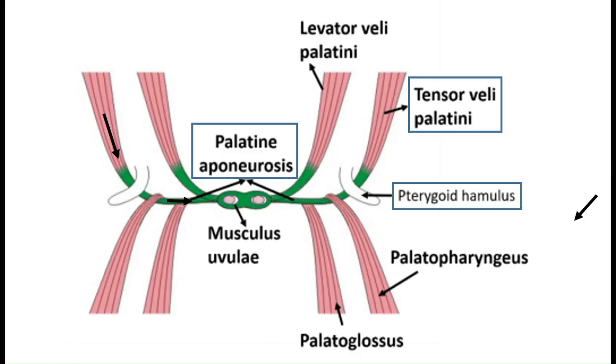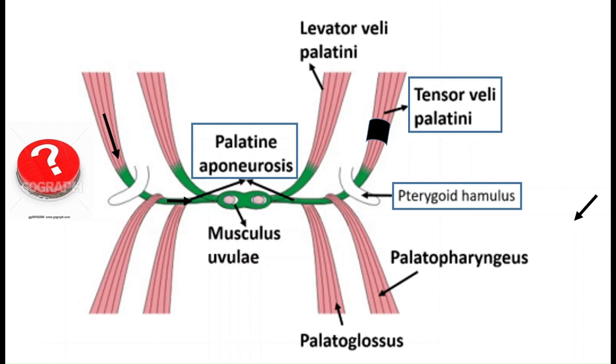Here is a diagram analyzing the structure of the soft palate. What makes the soft palate? First of all, there is a muscle called tensor veli palatini. This is a muscle that makes the skeleton of the soft palate.